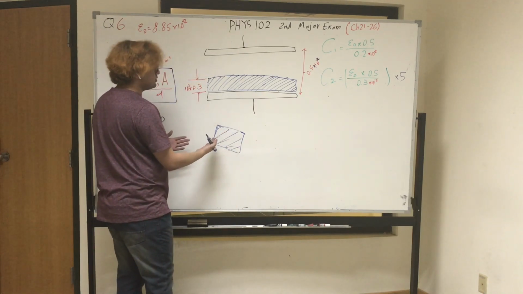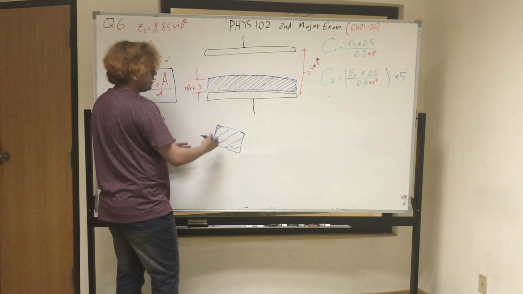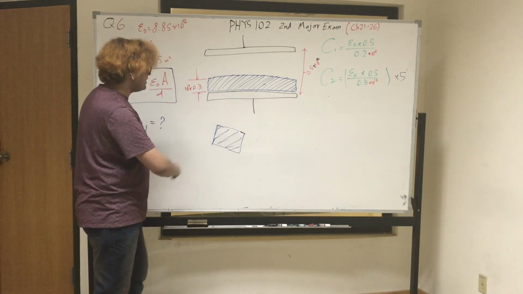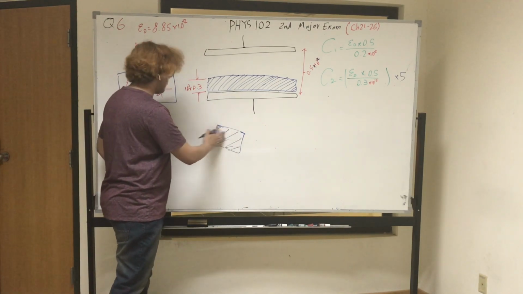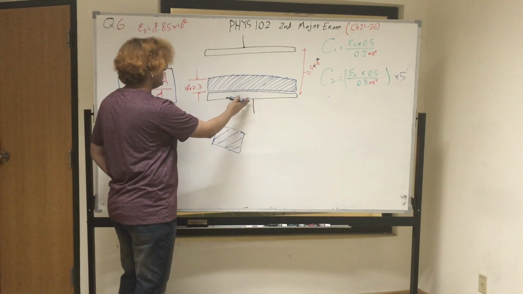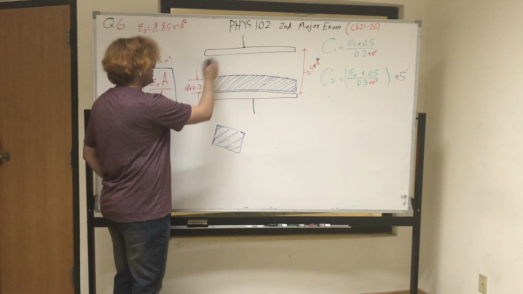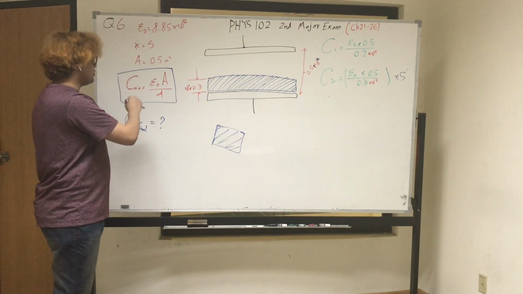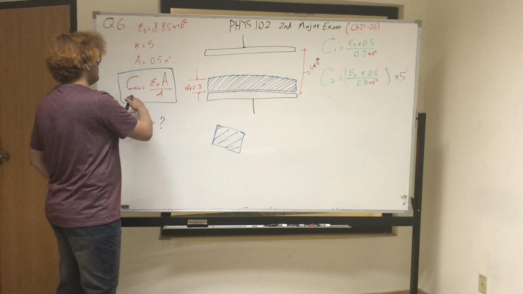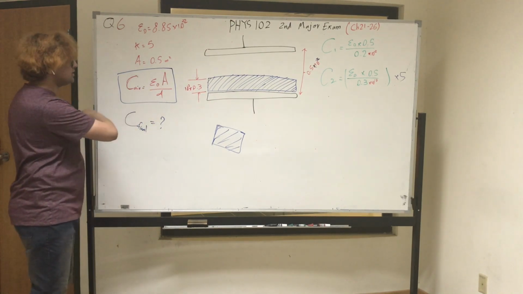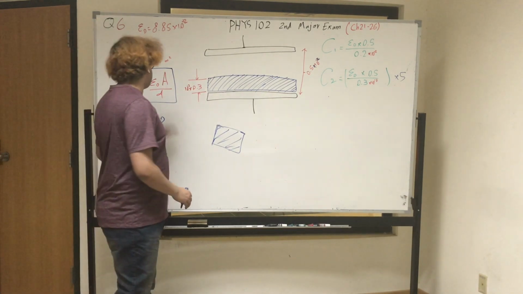This is some sort of side view, and here is some sort of cross-sectional view. But anyways, this area over D. D is basically the distance between the two plates. So if you multiply epsilon naught times the area over the distance, you get the capacitance, okay?